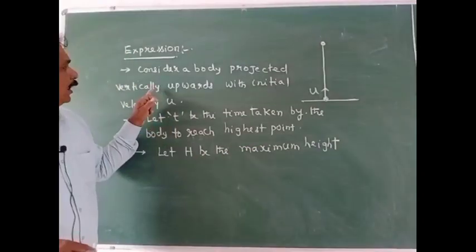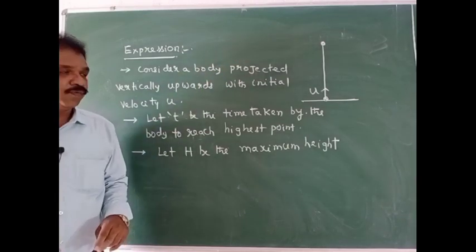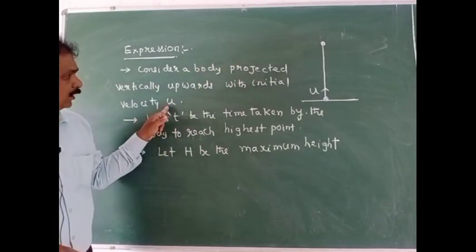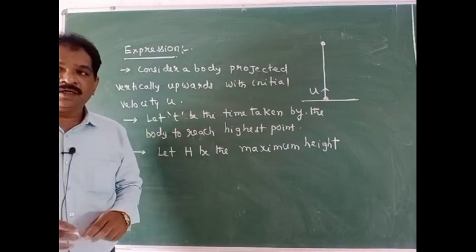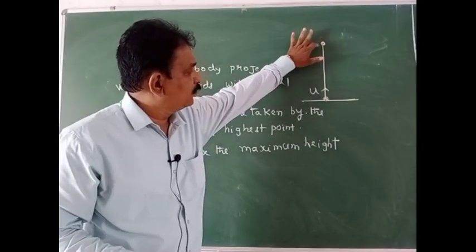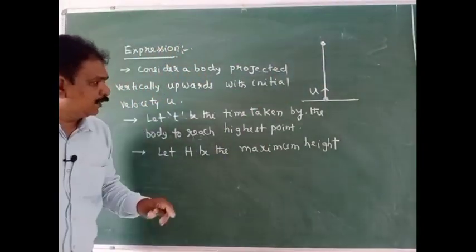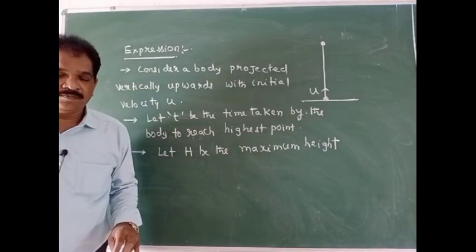I am considering a body projected vertically upward with velocity u. T is the time taken by the body to reach from here to here. H is the maximum height.